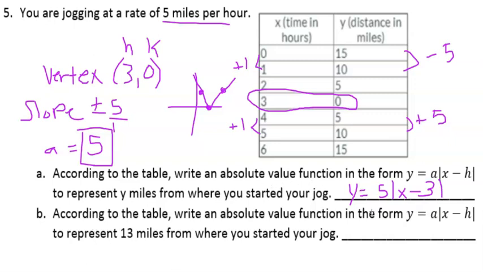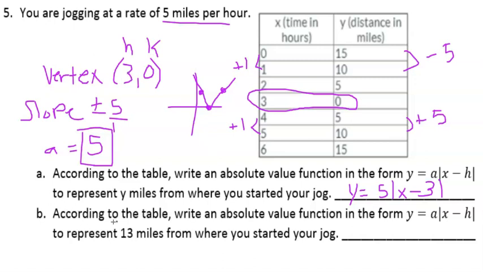So we have y equals 5 times the absolute value of x minus 3. Notice the vertex's x-coordinate is the opposite of what's in the formula because we have a negative sign here. That means we change the sign of whatever the x-coordinate is.